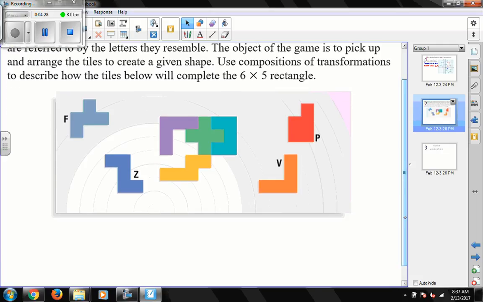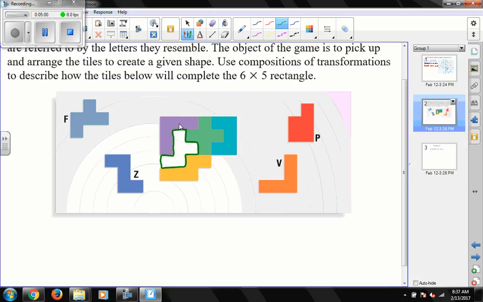Let's start and focus on this shape right here that we would need to fill. Looking at the available tiles, the only one that seems reasonable would be F, because it has this kind of T shape that I don't really have with any of the other pieces.